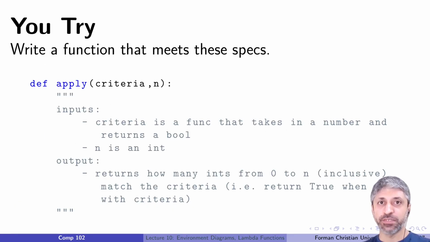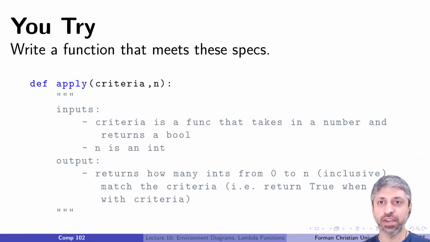All right, time to try writing one yourself. The function apply takes a criteria, which is a function, and a number n, which is an integer. If we take a look at the docs, it says criteria is a function that takes a number. Read this very carefully. The criteria parameter is a function, which means a function is being passed as a parameter.